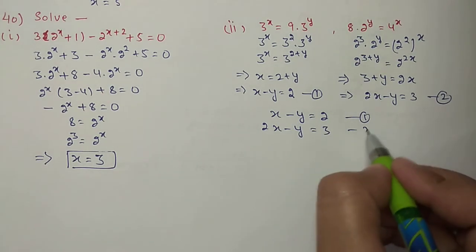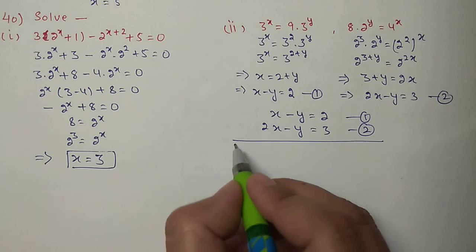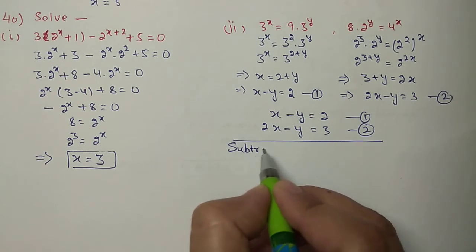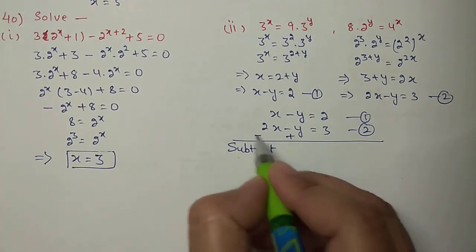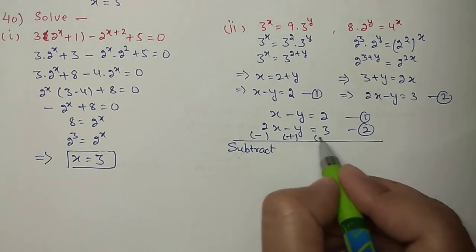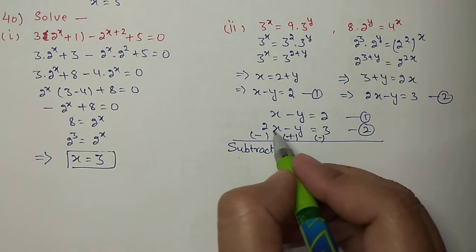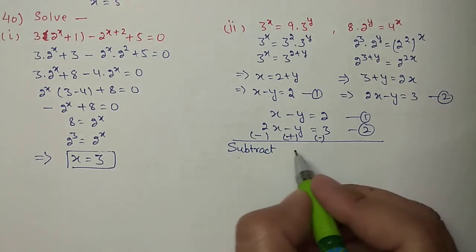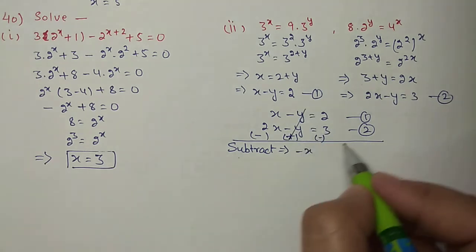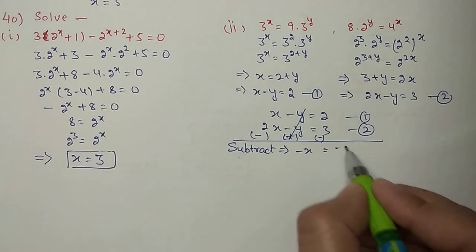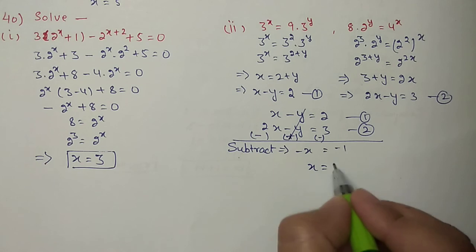Equation 1 and 2. These two equations, if we subtract, in that case change the symbol. So 2x minus x means x, y minus y will cancel out, 3 minus 2 is 1, it means the x value is 1.